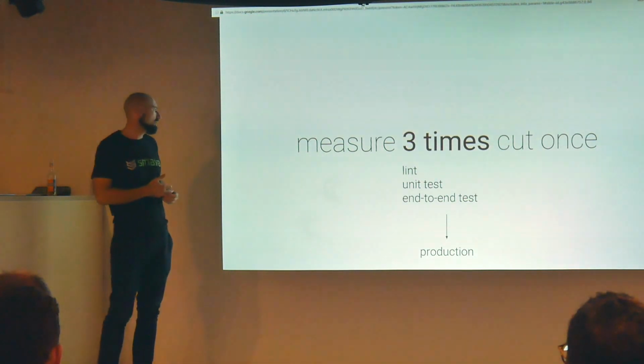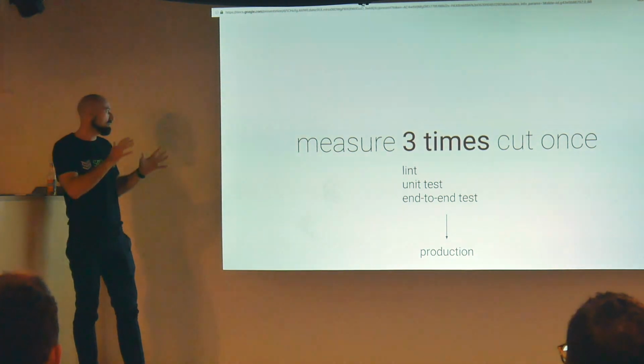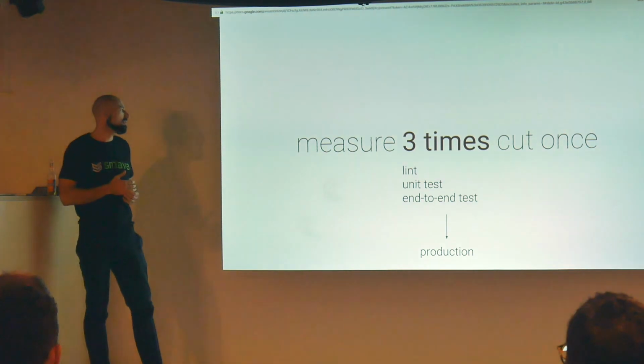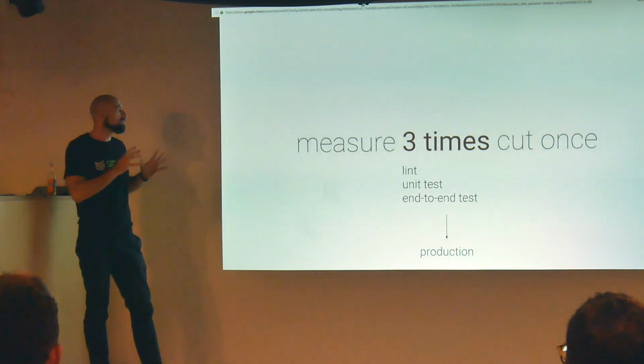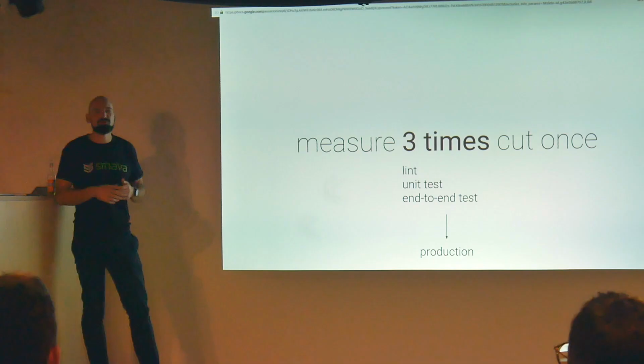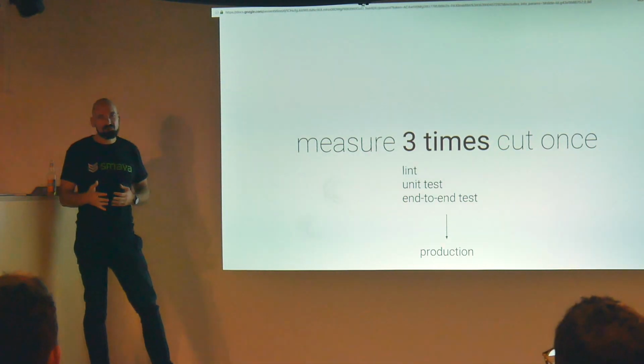In my culture, I come from Serbia, we have a saying, and I bet other cultures have it as well: you need to measure something 3 times and then cut it once. When you do it on the front end, you first try to lint your code.